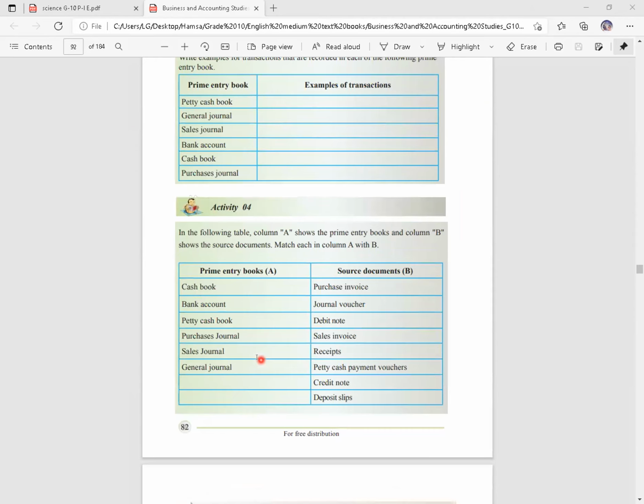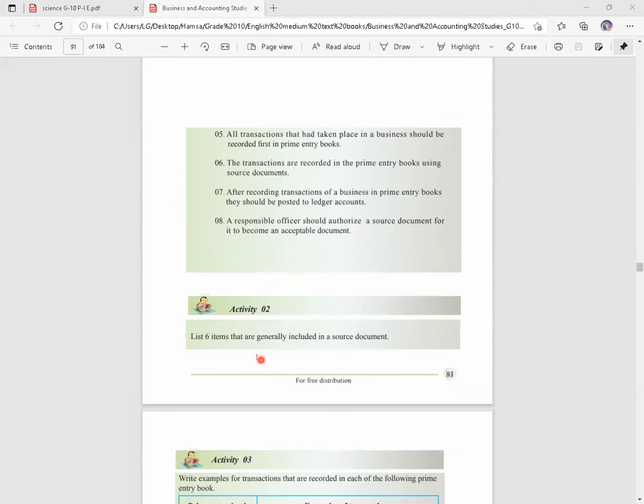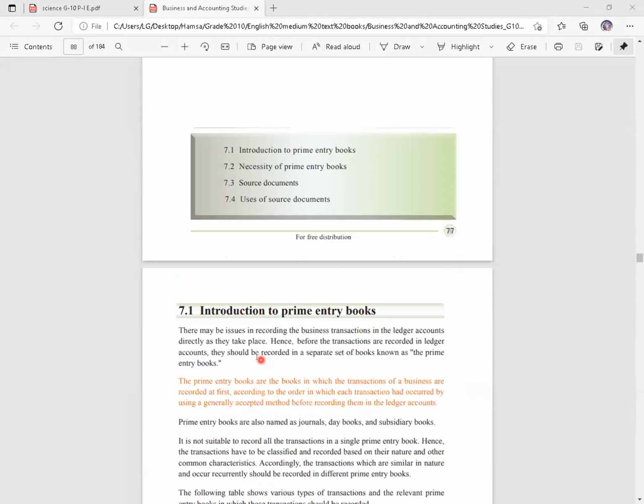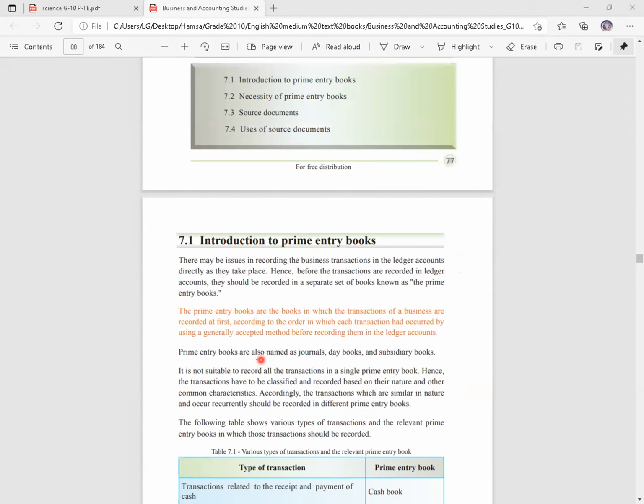We learned, no? They are the books which we enter first before going into the main books. Before entering into the main books, we enter all the records in the prime entry books, isn't it? Prime entry books are the books in which the transactions of a business are recorded at first, according to the order in which each transaction occurred, by using a generally accepted method before recording them in the ledger account.